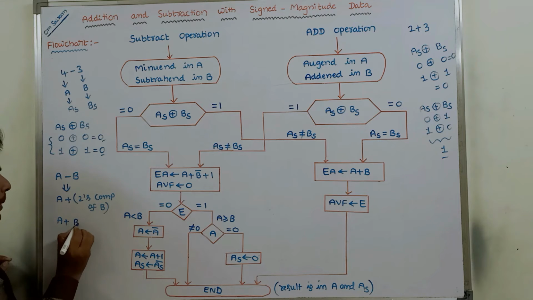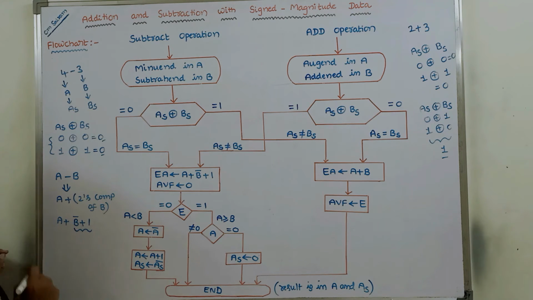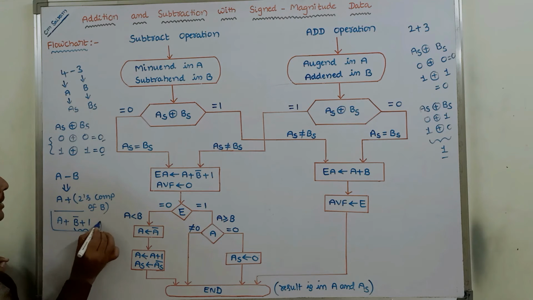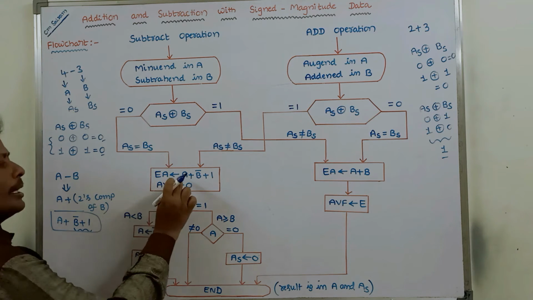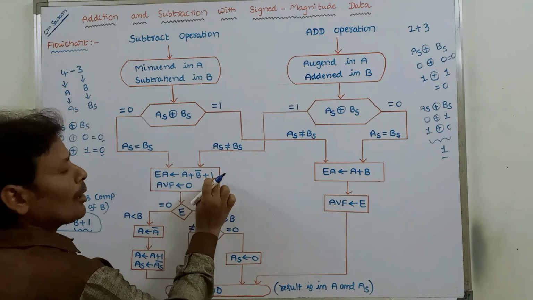It is the 1's complement of B plus 1. The 1's complement of B is B bar, and after that we add 1. So the operation is A plus B bar plus 1.